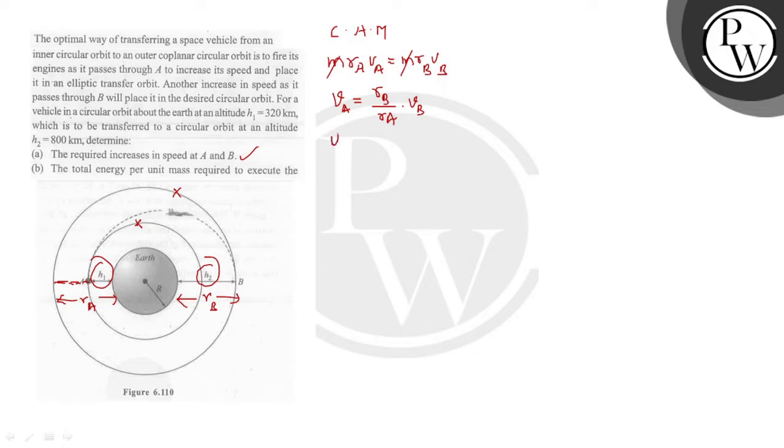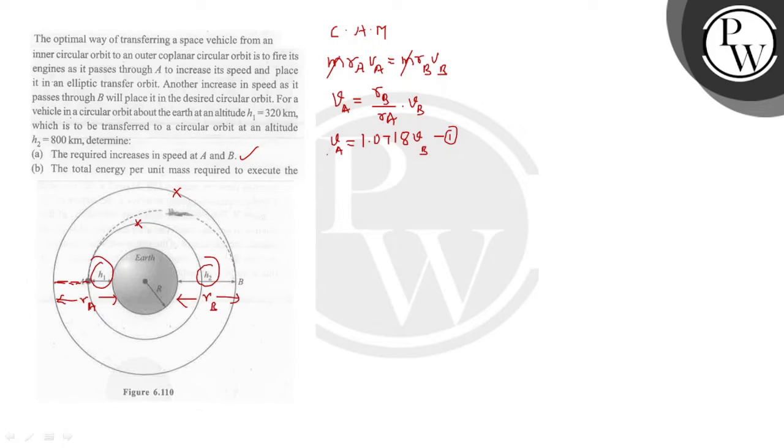If I substitute the RB and RA values, I will get VA equal to 1.0718 into VB. This is the first relation. Next I have to find out what VA and VB are, then VB minus VA.